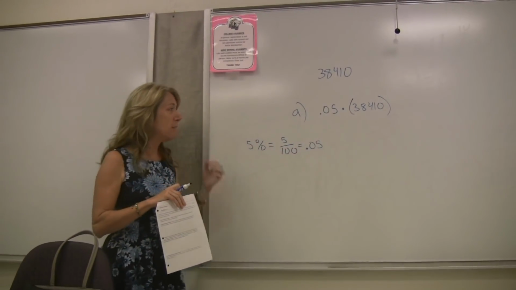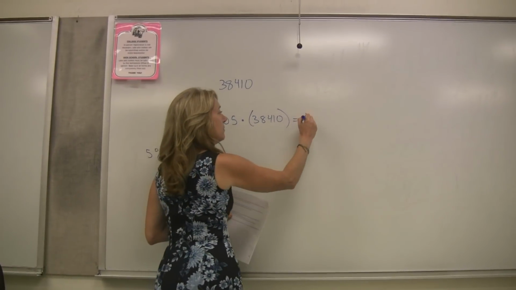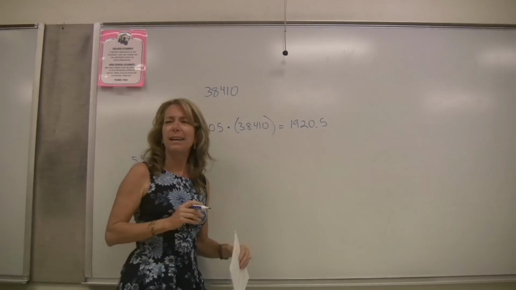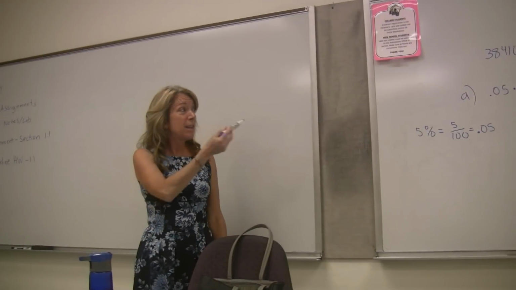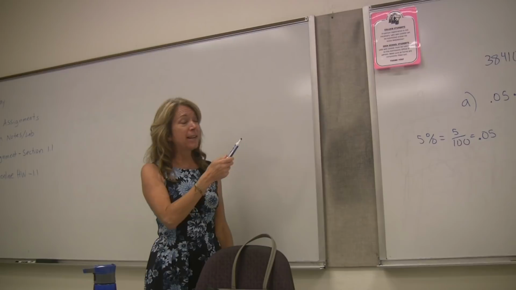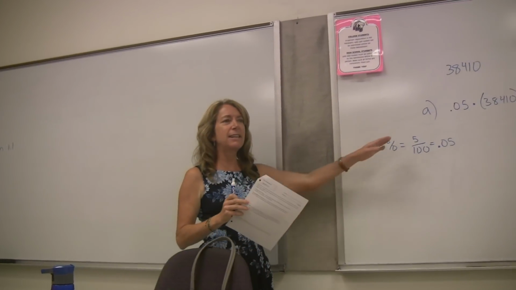We multiply it by 38,410. What do we get? 1920.5. So there's half a person floating around somewhere. Yeah, he's worried about half a person floating around there somewhere. This is the exact calculation though. You'll see a problem like this on the lab and on the online homework, I believe, that says find the exact value.